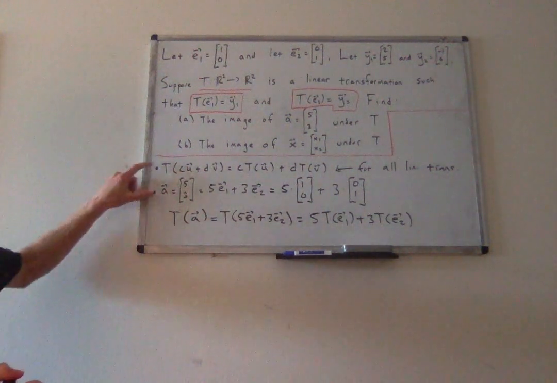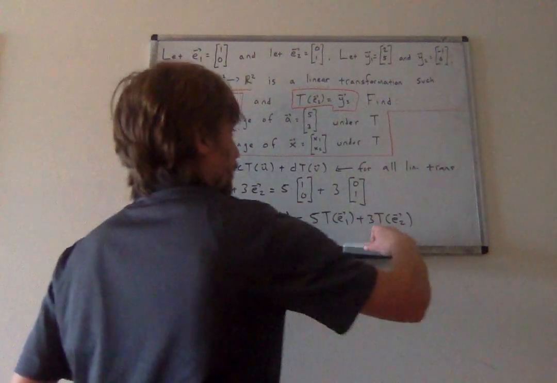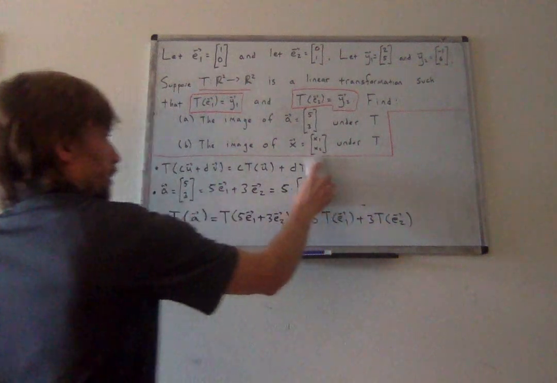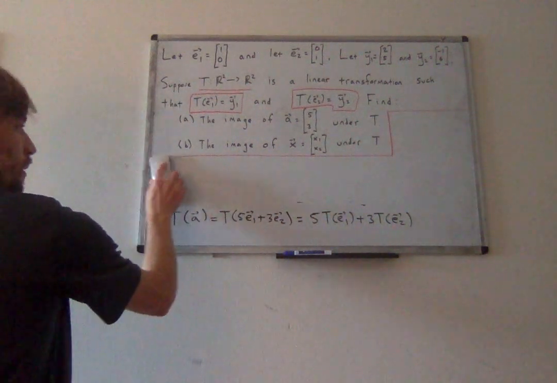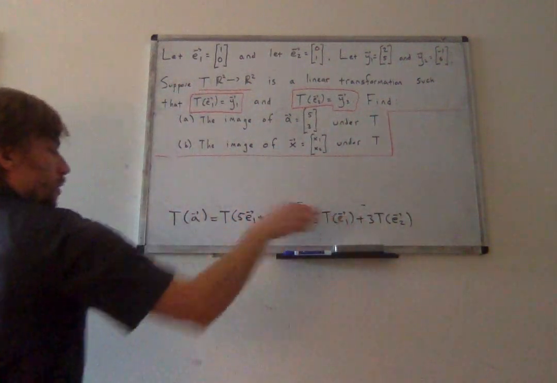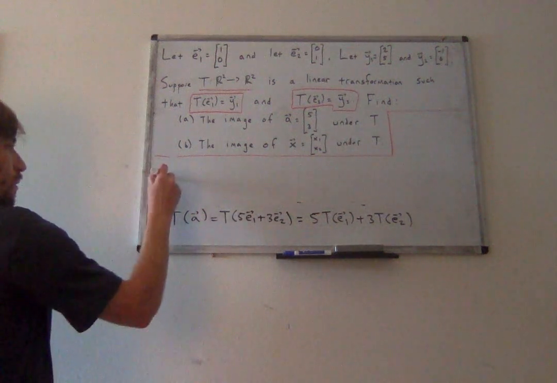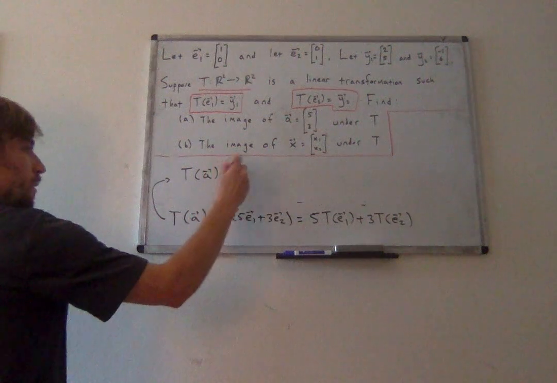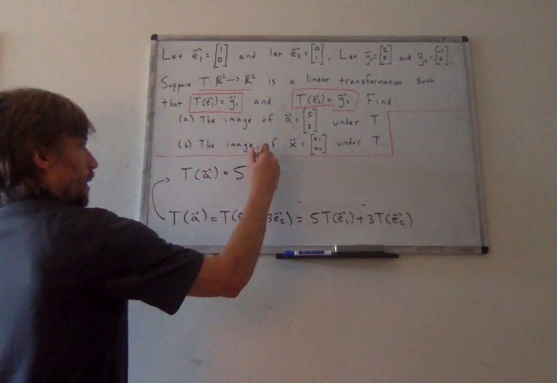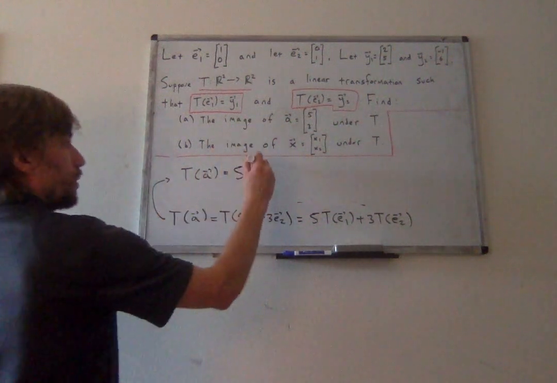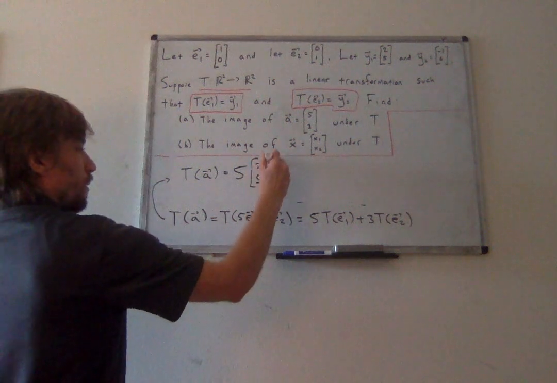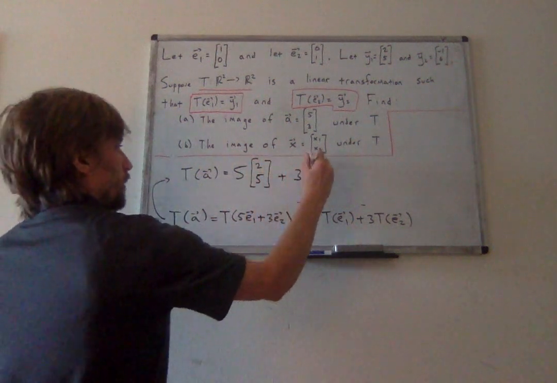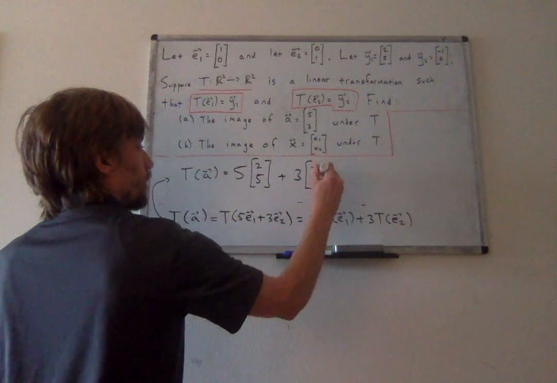So to save some space, I'll probably erase the top 2 lines here. So this means that T(a) is equal to 5 times y1, which is (2, 5), plus 3 times y2, which is (-1, 6).